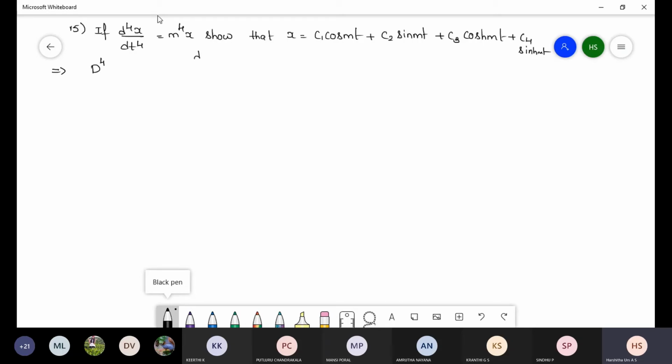Write the equation d power 4x divided by dt power 4 minus m power 4x is equal to 0. This is the equation.